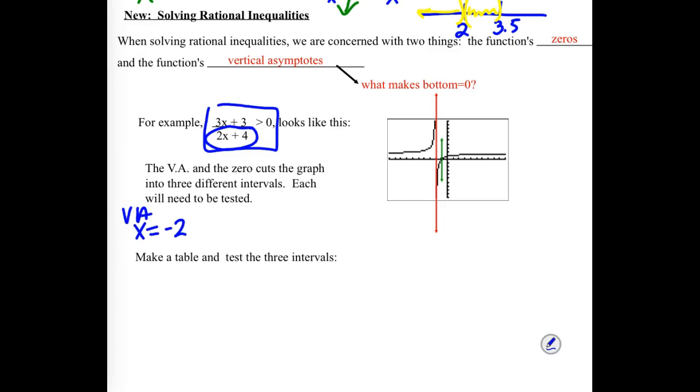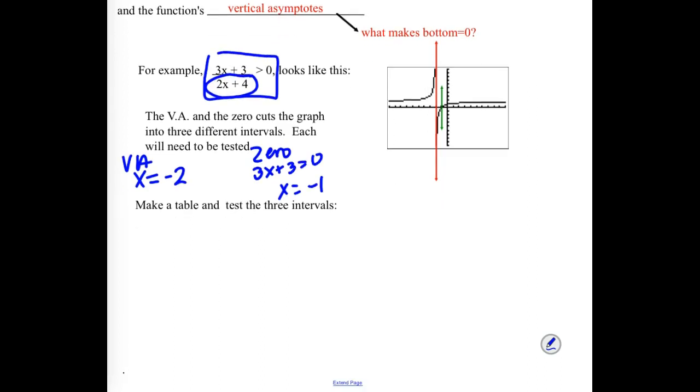Okay, and we have zeros at what makes the top 0? What makes 3x plus 3 equal to 0? -1? Okay, so if we were going to go through our algebraic process, we know that at -2 we have a vertical asymptote and at -1 we have a 0.